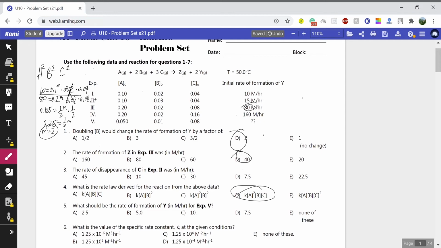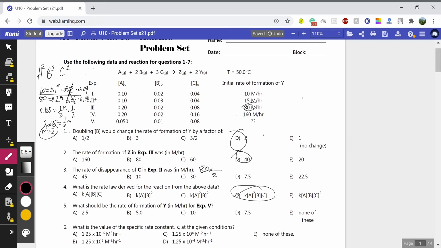The rate of disappearance for C in experiment 3. Okay, now we're looking at C, right? Same for Y, and we're looking at 80 again. So 80 times 3 over 2 will give us what?